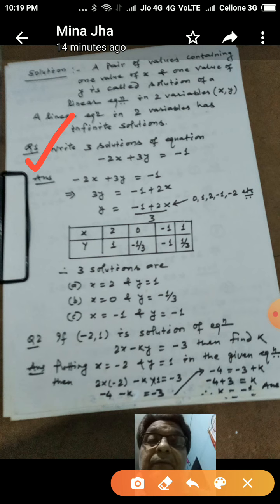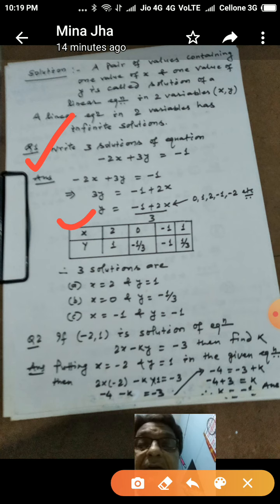So students, here we will write the given equation, and keeping one variable in the LHS, we will transpose all the other terms towards the RHS as it is done here. You see, keeping y, we have transposed all the other terms to the right side, so y comes minus 1 plus 2x by 3.